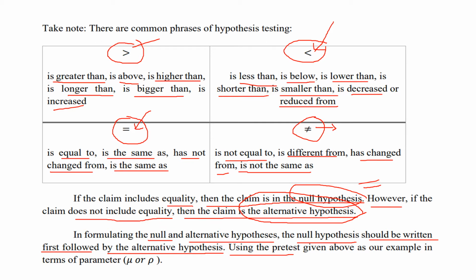Using the pretest given above as our example, in terms of parameter, we simply use mu for your population mean, and rho for your population proportion. Again, mu for your population mean and rho for your population proportion.